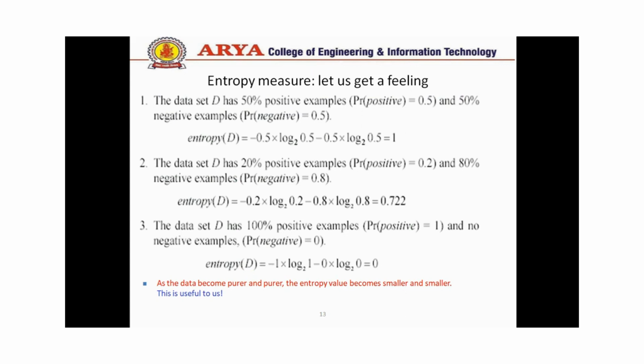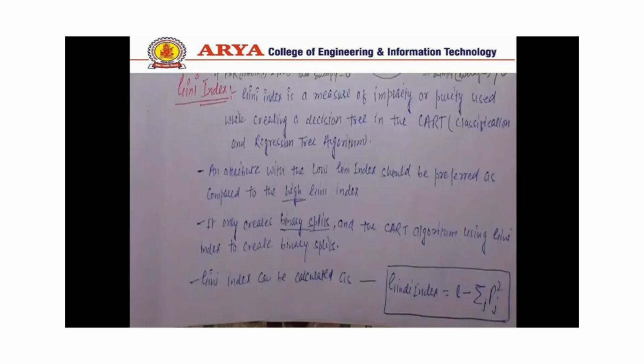If a data set has 20% positive examples and 80% negative examples, in that case the measurement can be calculated as 0.722, and if the data set has 100% positive examples and no negative examples, in that case our entropy will be 0. So you can memorize, it will help to solve numericals.